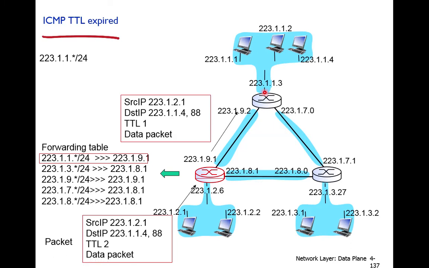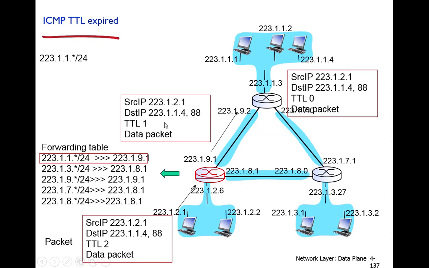Now the packet is received by this router. When this router receives the packet, it knows that the destination is available here, so it will forward on this. But before forwarding, it will decrement the TTL value, and the TTL value becomes 0. So the packet will not be forwarded. The packet will be discarded here.